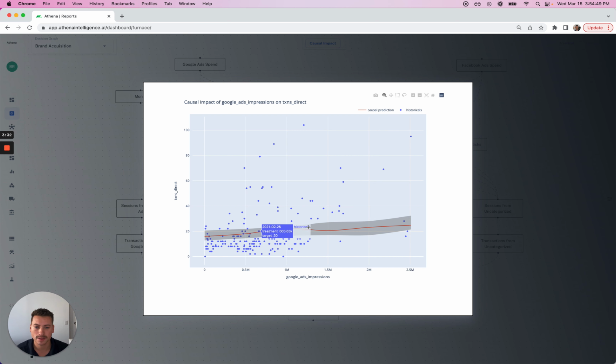And we do see there is a small positive correlation. Roughly with every million in impressions, there's, for this store, maybe six or seven more transactions. They have a large ticket item in their business, so 6 to 7 is actually a fair amount of money for this business.